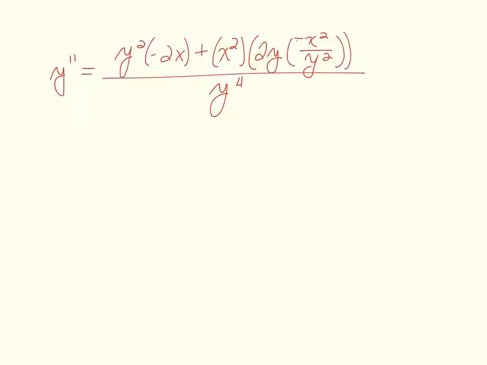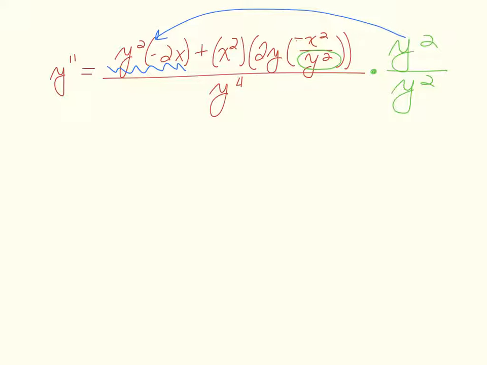So in order to simplify this derivative, I want to look at just this denominator and multiply the bigger fraction by y squared over y squared. So what that does is in this first term, we're going to be distributing this y squared here. And in the second term, when we distribute y squared to the second term, it gets rid of our y squared in the denominator.